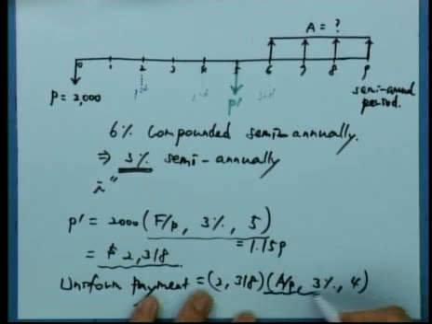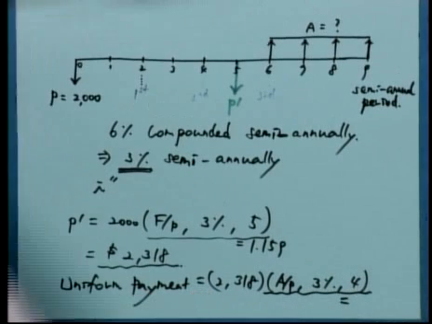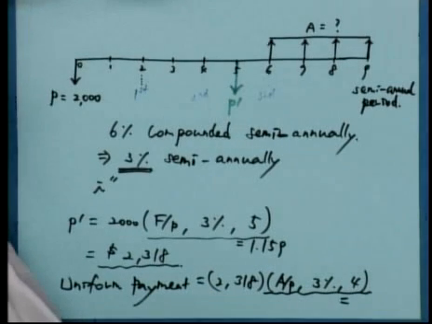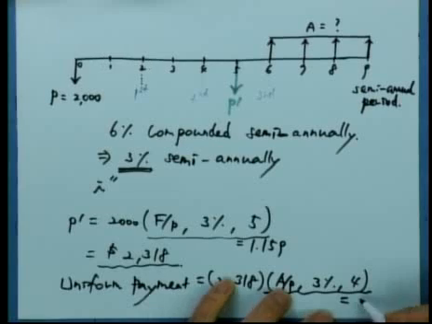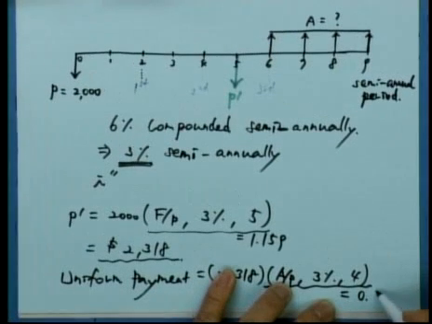So how much is this? 3% A given P over 4 periods, which is 0.2690.